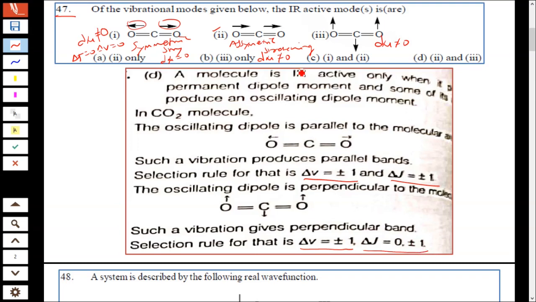Hence option D is correct. The second and third vibrations are IR active, whereas the first one is IR inactive due to symmetry. So option D is correct.